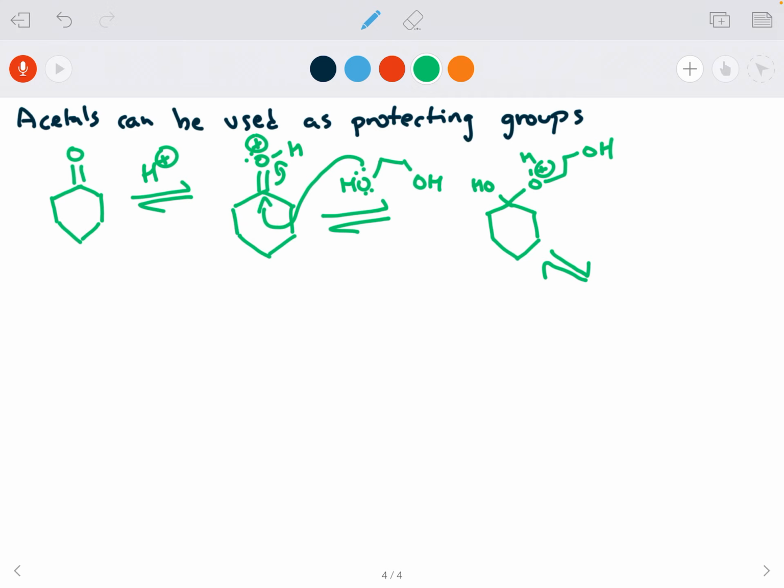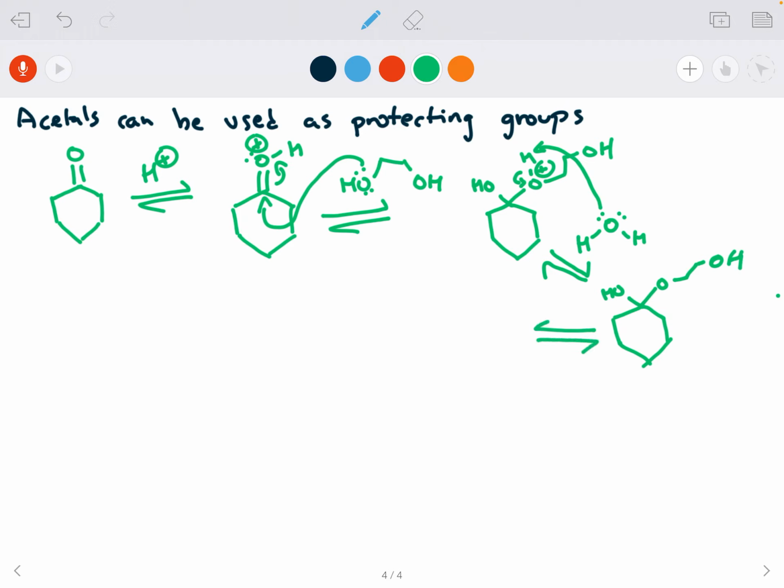I'll use water in this case because we'll have water floating around as well. But again, if you used the alcohol instead to deprotonate, that would work as well, because the alcohol is floating around just like the water is. Right, so this is now my hemiacetal.